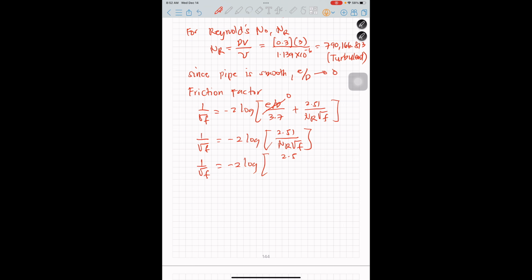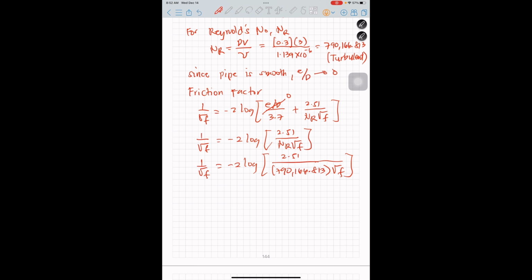So, 1 over square root of F is equal to negative 2 log of 2.51 divided by 790,166.813 times square root of F. We will use our calculator to solve this problem.